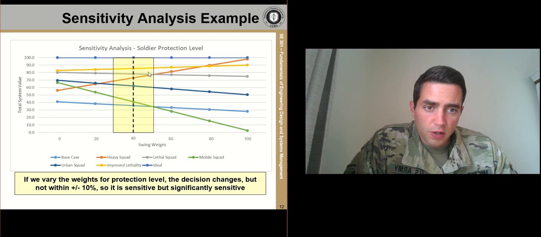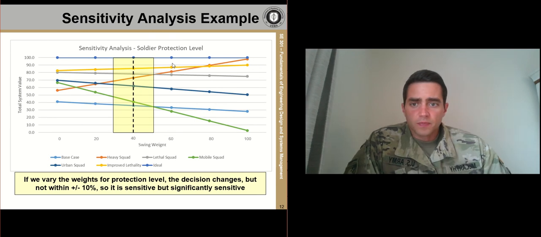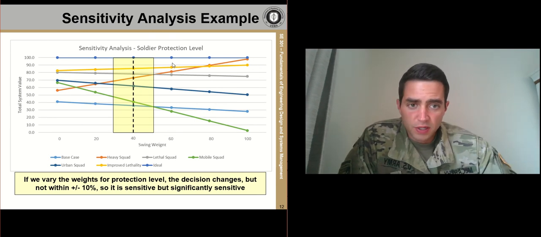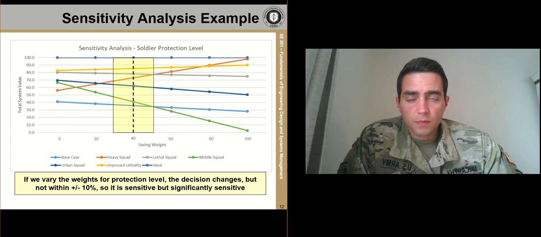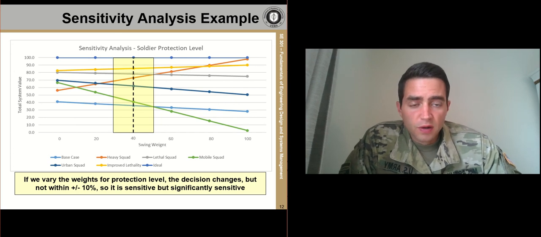If the crossover were to occur within this yellow box, plus or minus 10%, then we would say that it is significantly sensitive, that our winning solution could very easily be another alternative based on a minor adjustment to the swing weights, a minor adjustment to stakeholder preferences.